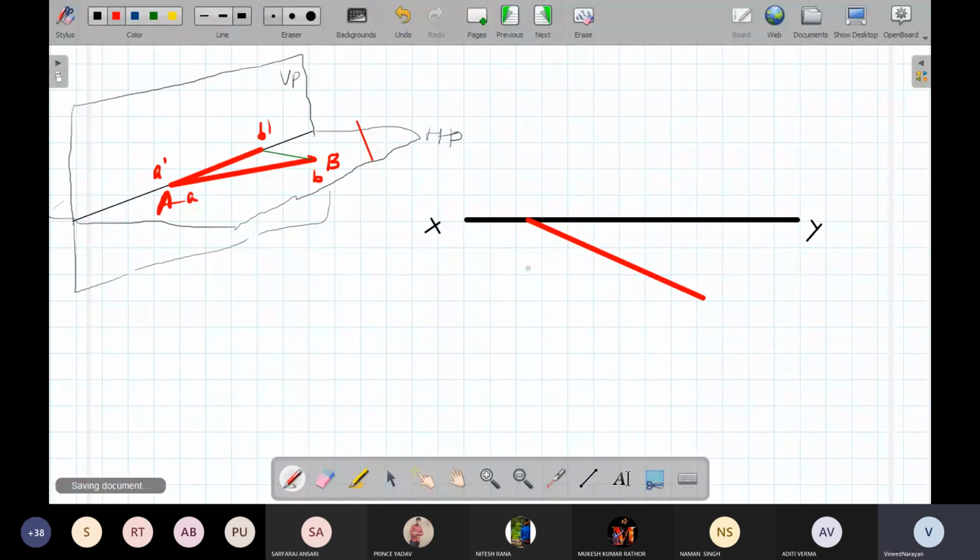plane, or top view. I will denote it as A, B, and its length is 75.